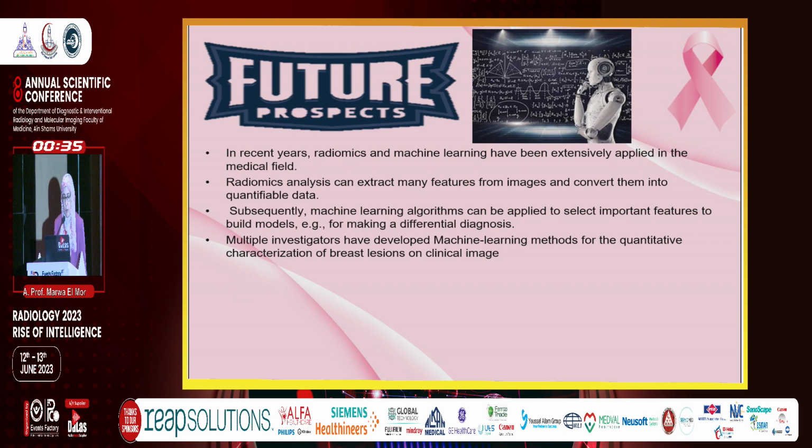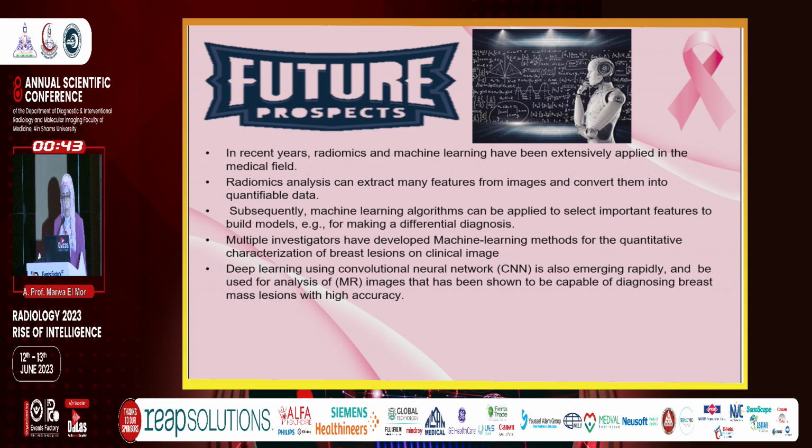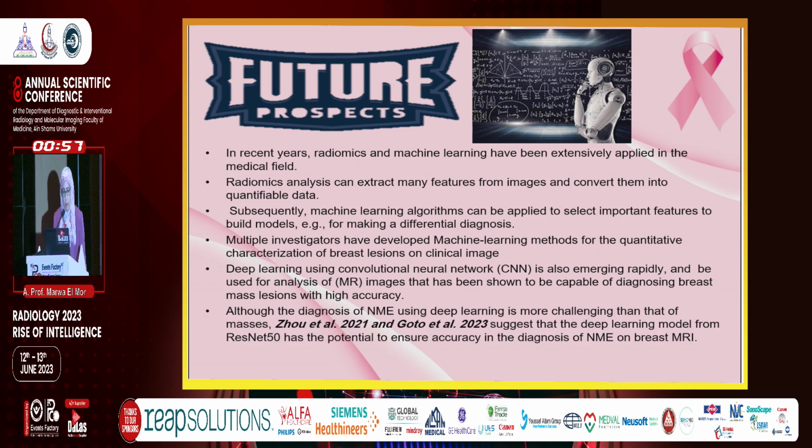Multiple investigators have developed machine learning methods for the quantitative characterization of breast lesions on clinical images. Deep learning convolutional neural networks are also emerging rapidly and are used for analysis of MRI images, shown to be capable of diagnosing breast mass lesions with high accuracy.